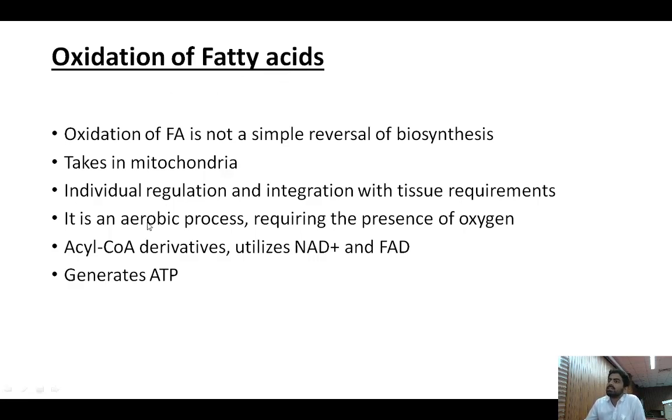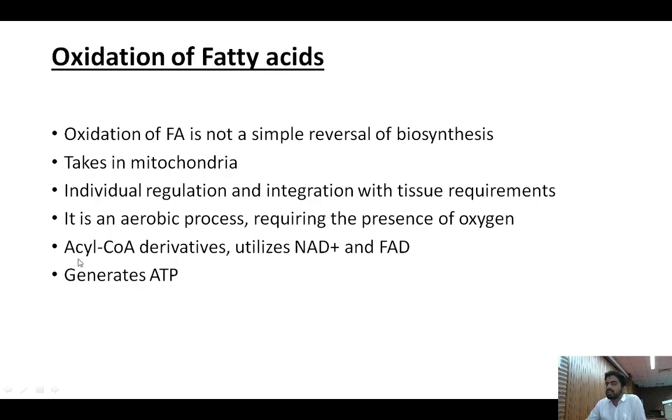And fatty acid oxidation is an aerobic process. It requires the presence of oxygen. This is important. The substrate required is acyl coenzyme A derivative.